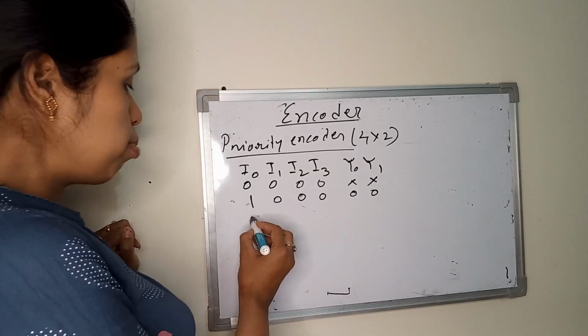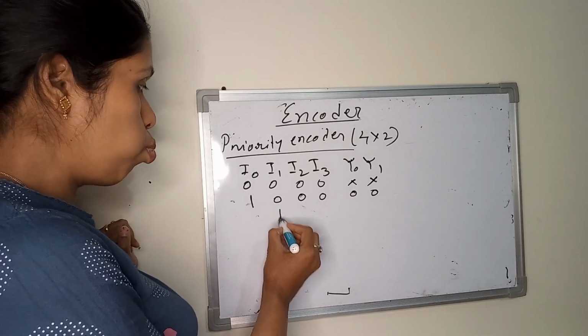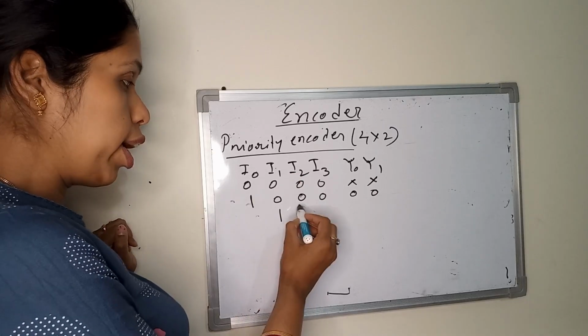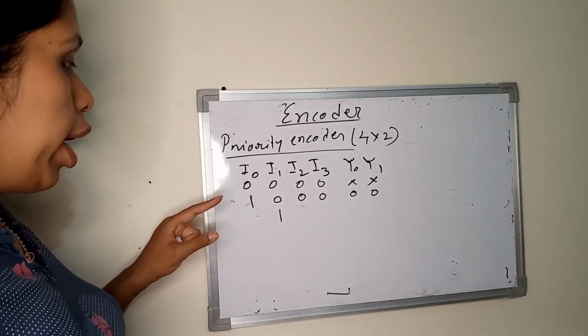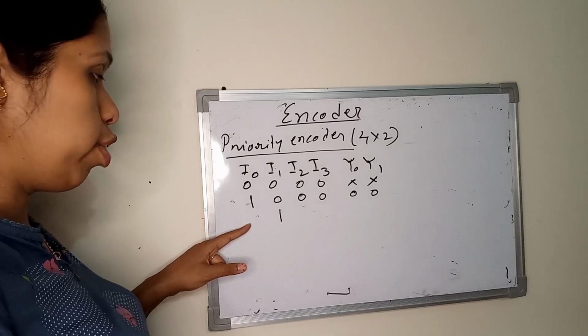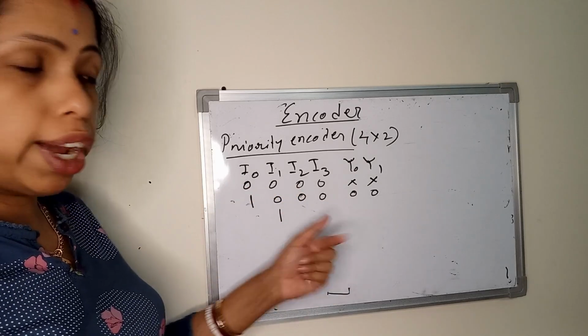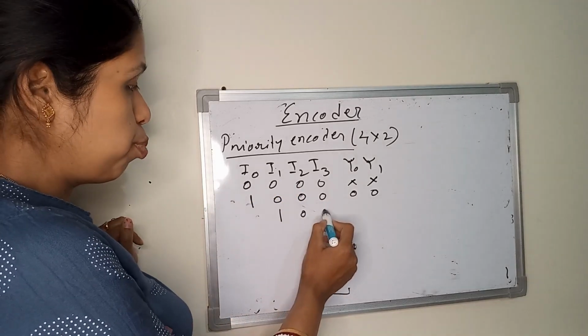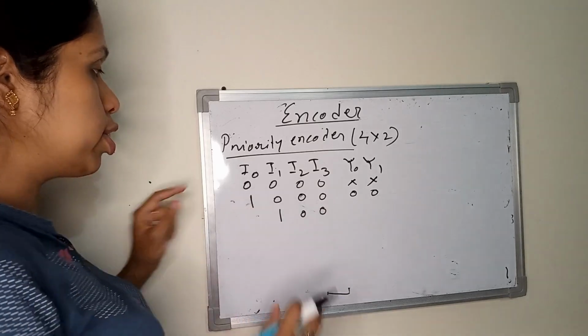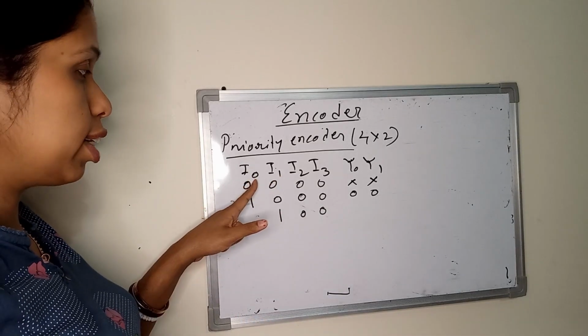Now I am sending logic 1 through I1, and also I am sending logic 1 through I0. What will be the output here? If we see, the number 1 is greater than 0, right?